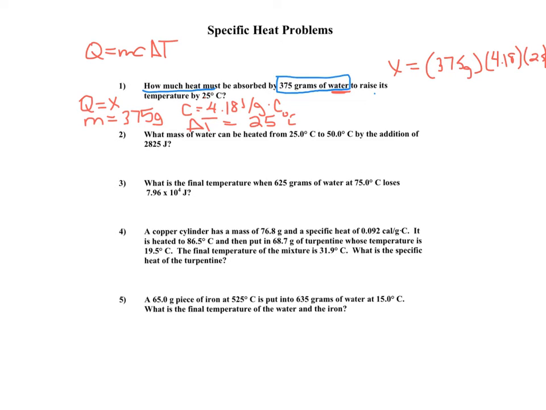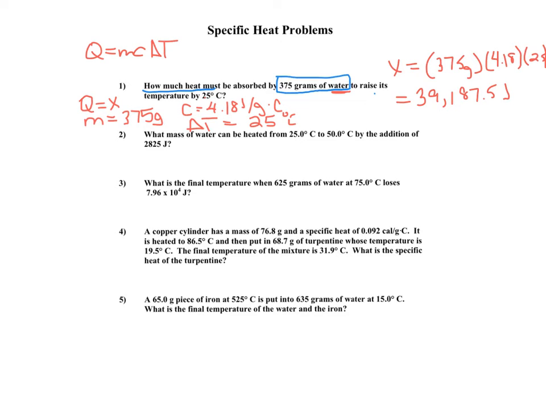So all we're going to do is multiply all of those numbers together. 375 times 4.18 times 25, I would end up with 39,187.5 joules of energy. That's a really big number. That's a lot of energy.